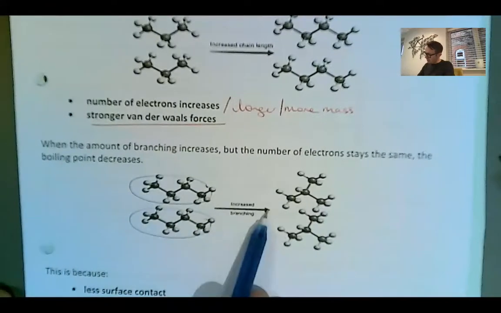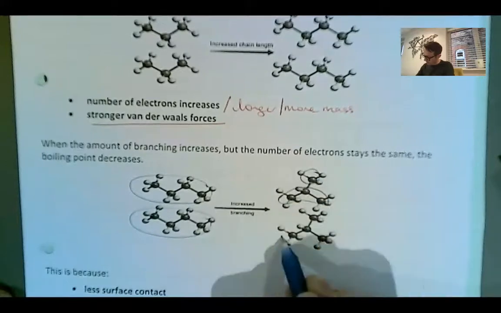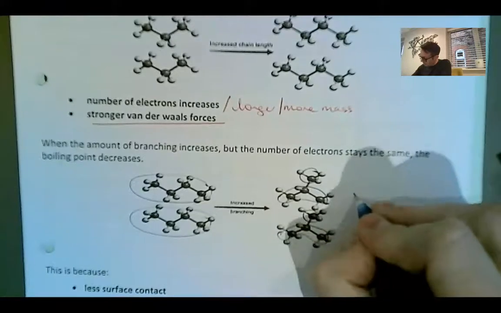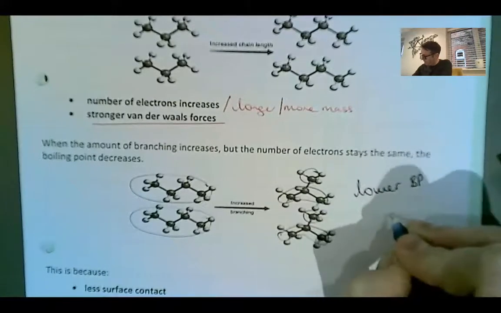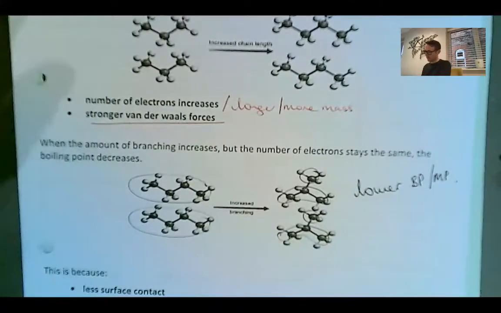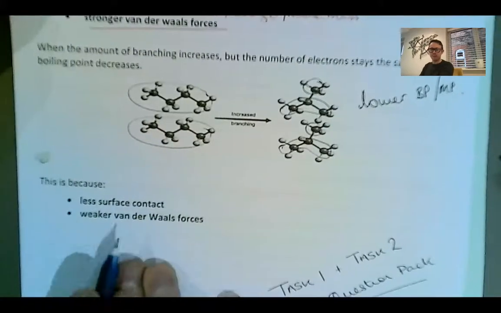If we increase the branching, so let's make them 3 carbons long with a methyl branch, that reduces their surface area. So this will have a lower boiling point or lower melting point. The reasoning is less surface contact, therefore weaker van der Waals forces.